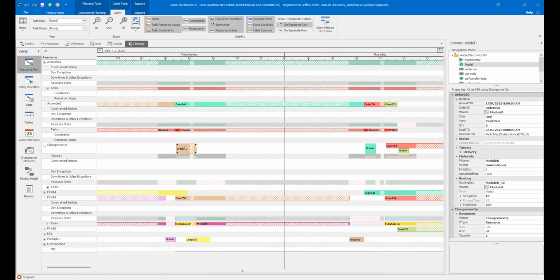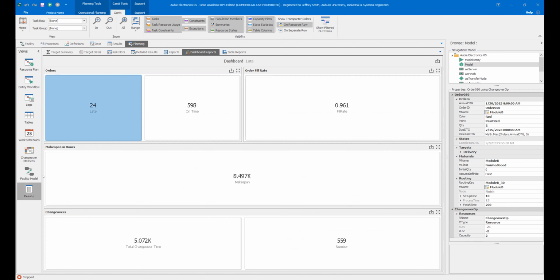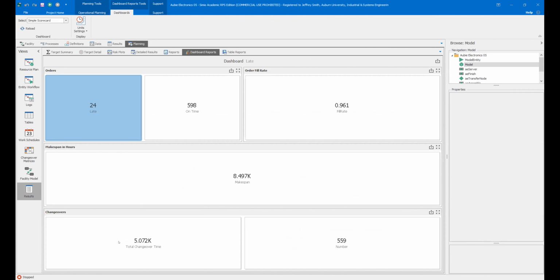So you can see this changeover, here's the changeover operator, and this changeover incorporated the off shift time. So it started here and ended here. But the changeover time itself shouldn't include that off shift time. The way it's computed, at least in this dashboard, incorporates that, and that's why this number is so big. And so I gave you two suggestions here.